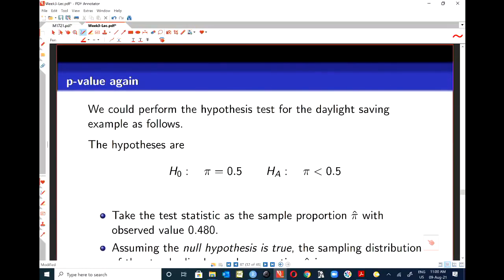So previously, when I did the hypothesis test, I used the binomial distribution because essentially my x was binomial. Years ago, and I'm going back to the 70s, 80s, before we had computers and all this power behind computing, we used to use binomial tables, and the tables were very sparse.